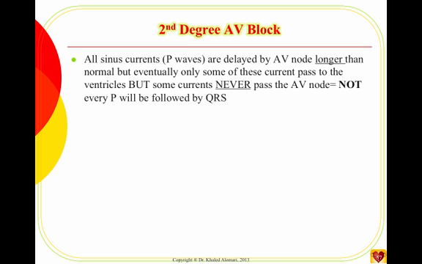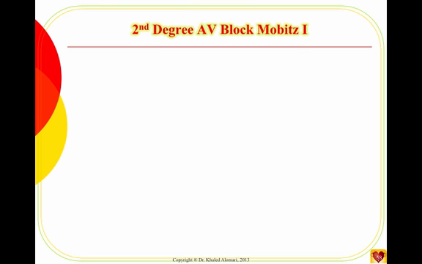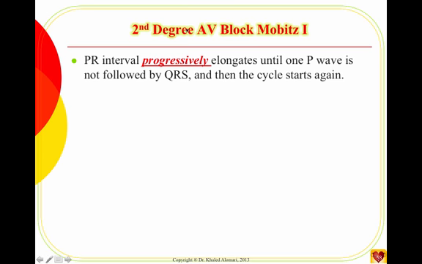So again, in first degree, all P waves eventually will pass down and cause a QRS. In the second degree, there will be a block of some of the P waves. Now it depends if it's the first type or second type. Let's talk about them. The first type, second degree type 1, what happens here is the PR progressively elongates.